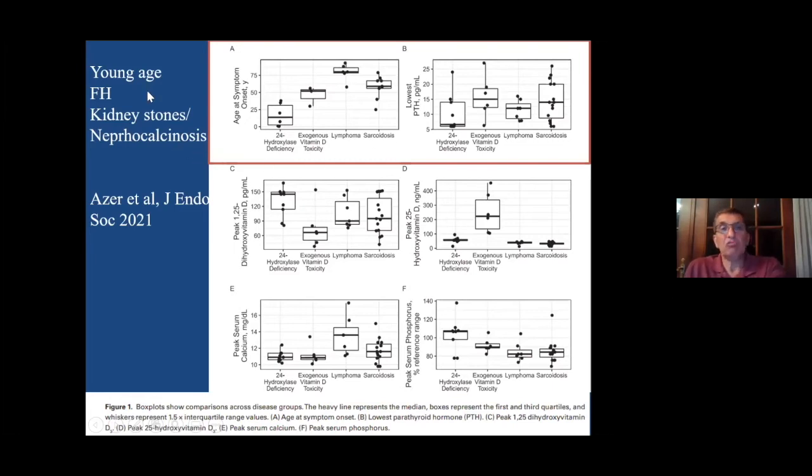And the only real differences were young age at onset. These were on average much younger than the sarcoid and the lymphoma. Family history, kidney stones, and nephrocalcinosis being present. Now, there's one other interesting thing. This is the lowest PTH level. And I found it interesting that the lowest PTH level in some of these patients is not fully suppressed, which is kind of interesting. I don't know why that is, but I think it's interesting.